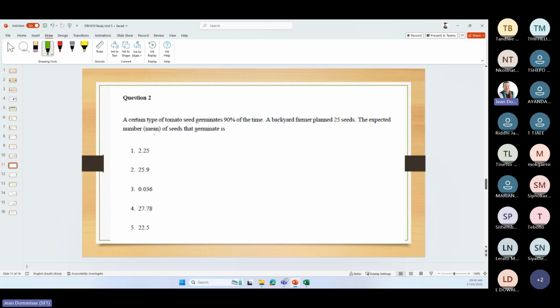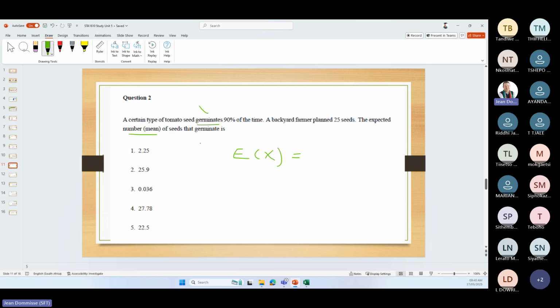So we need to work out the mean. So we know that again, this is a binomial distribution. They don't tell it to us, but it will germinate or it will not. So all the plants will come up or not. So two outcomes.